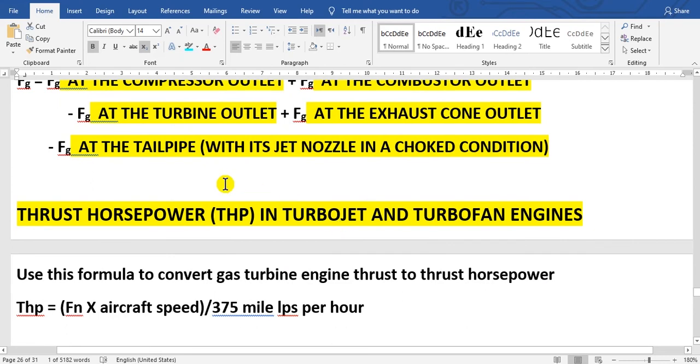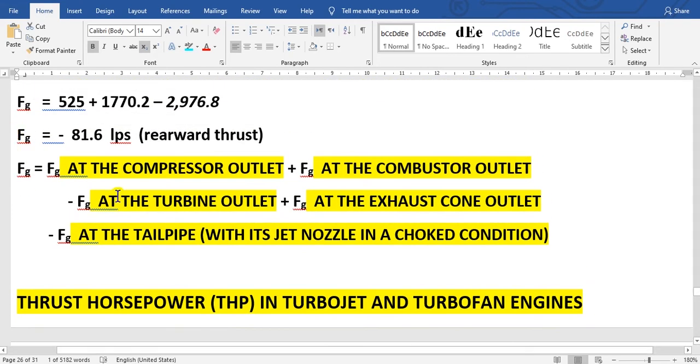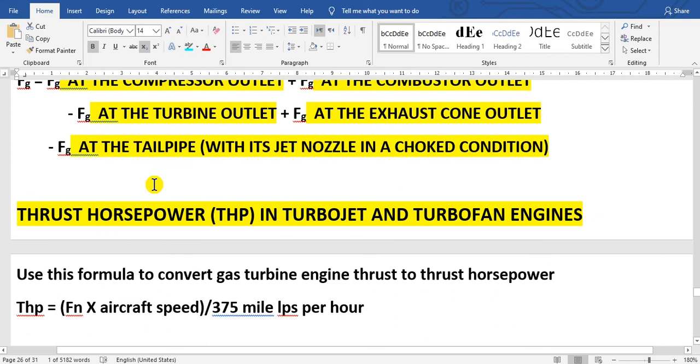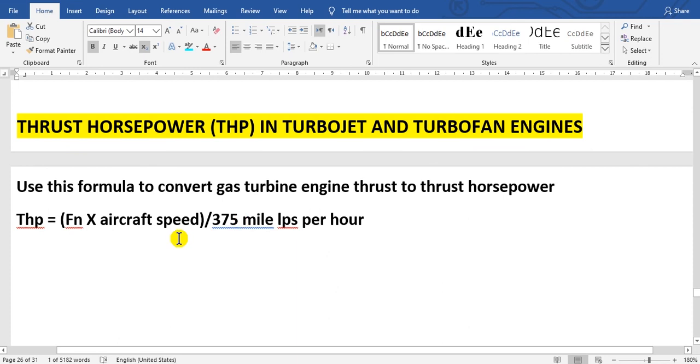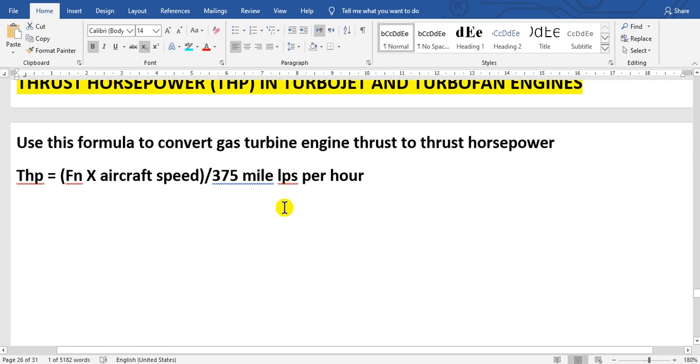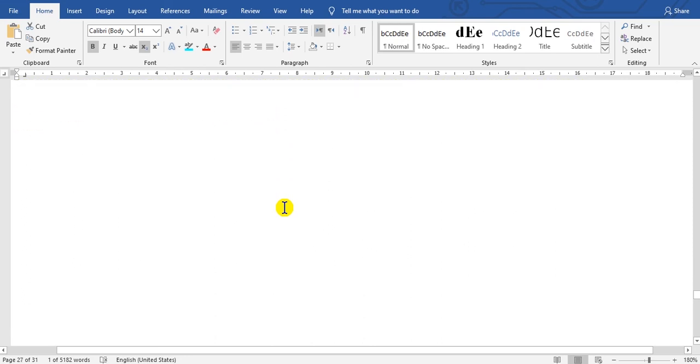Then this is all the calculation for the core. You must add the fan thrust. If you want to convert the thrust to horsepower, you divide by 375. Okay.